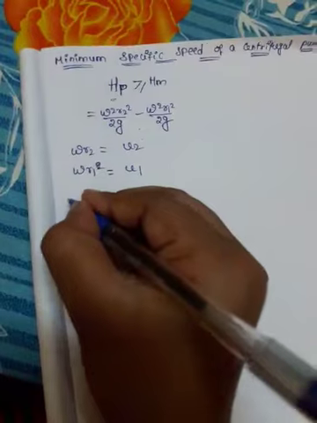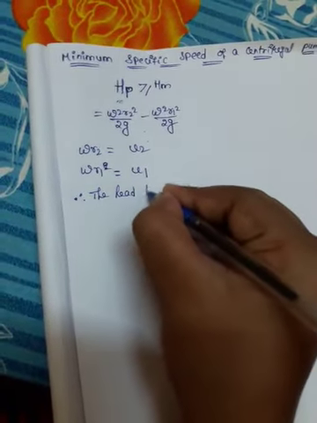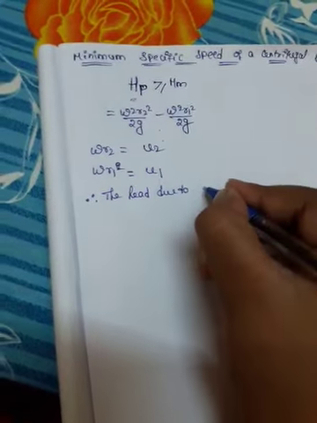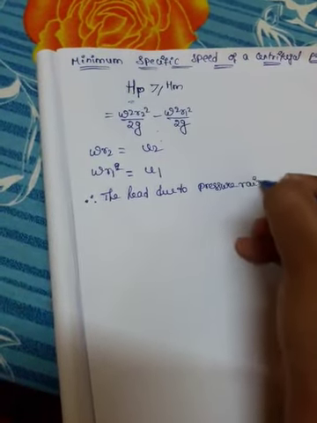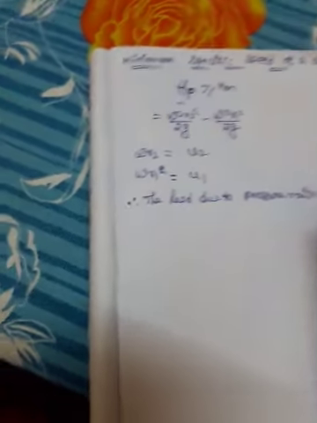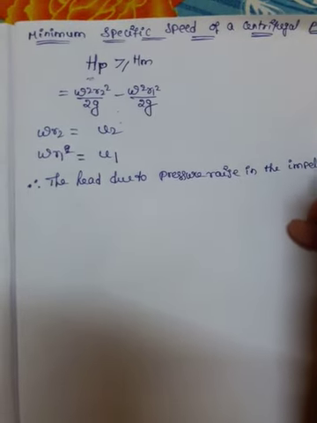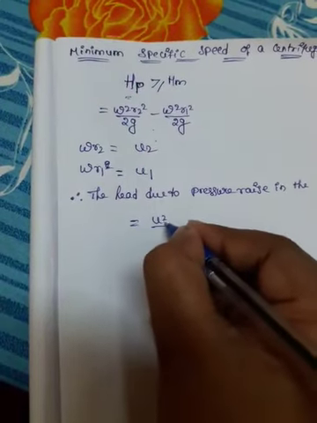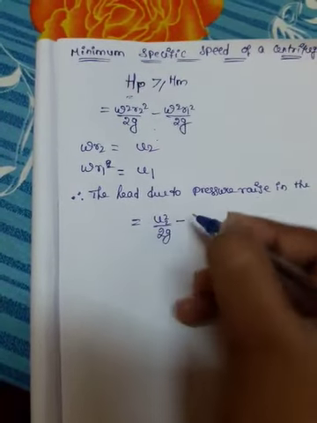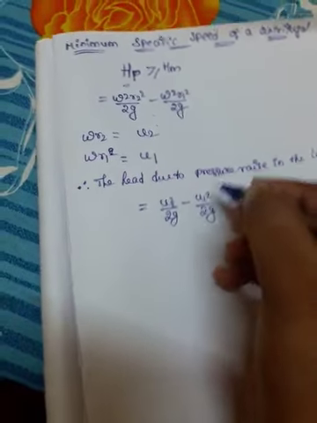Therefore the head due to pressure rise in the impeller equals u2 square by 2g minus u1 square by 2g.